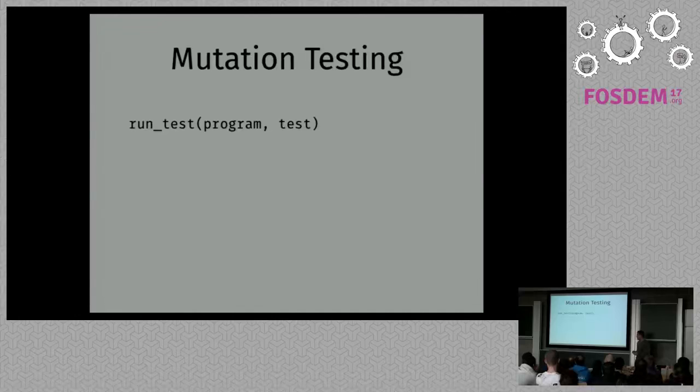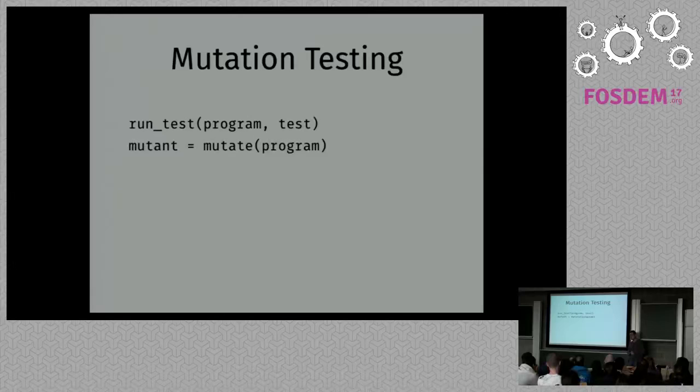Normally with mutation testing, we have a program and we have a test suite. We execute this test suite against that program, and if everything is good and the tests are passing, then we do the following. We create a mutant out of the program.